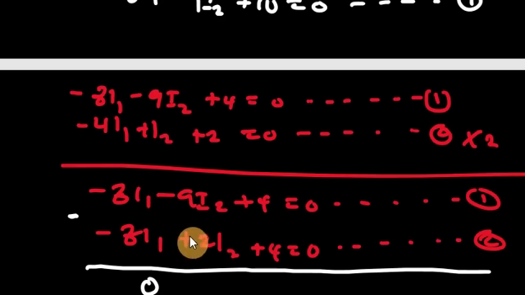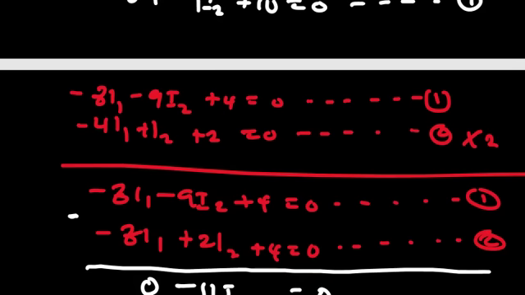For this, we're going to have minus 9 minus 2, which is minus 11I2 here. Then plus 4 minus 4 is 0. So we can now say this is equal to 0.